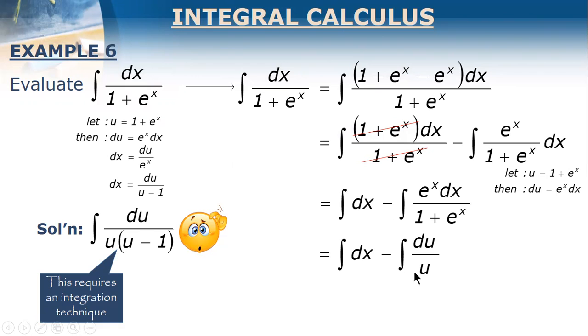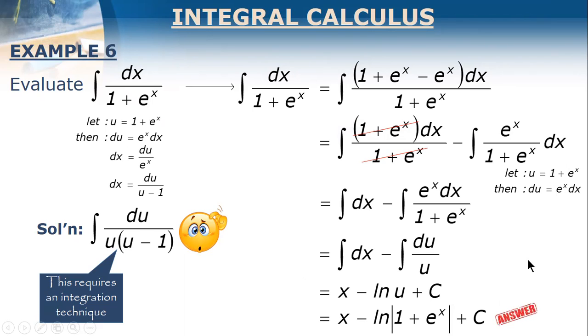And logarithmic, right? It's x minus ln u plus c. And then replace u by 1 plus e to the x. So the final answer is x minus ln of 1 plus e to the x, plus c.